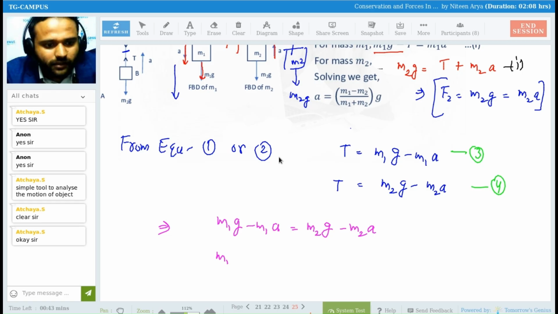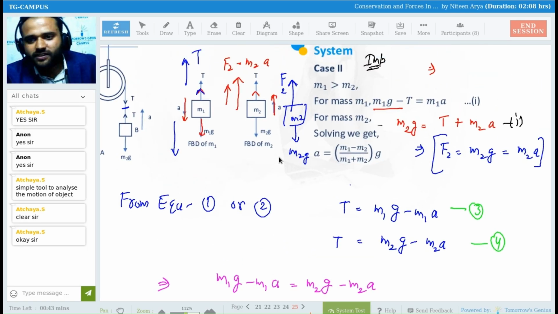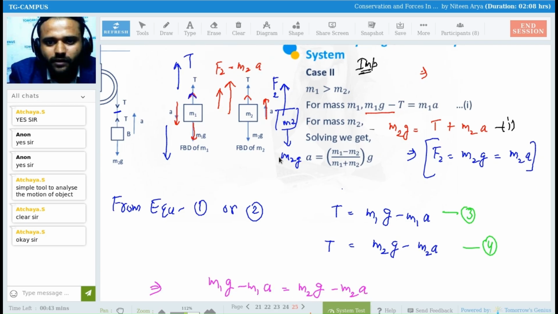See what we are going to do. The force on mass m2, m2g and force F2, which is m2a, and tension is going in both directions. Okay, and then the tension force is going to be m2g minus A, and the tension force is going to be... I am doing it wrong here.